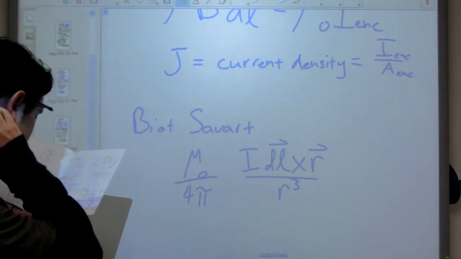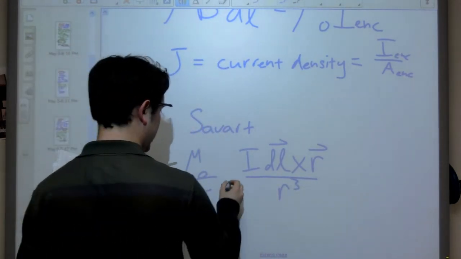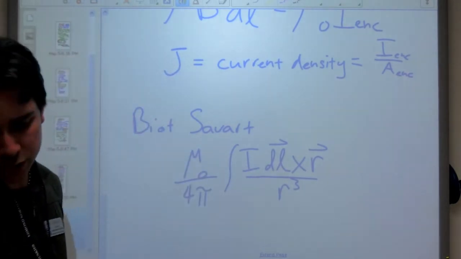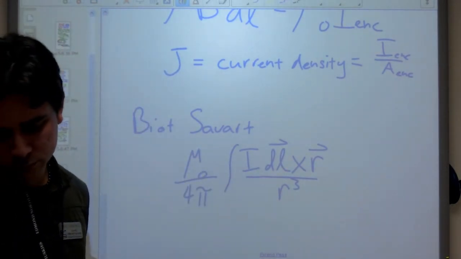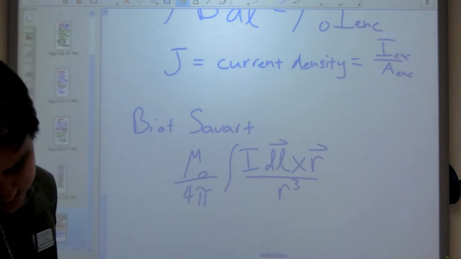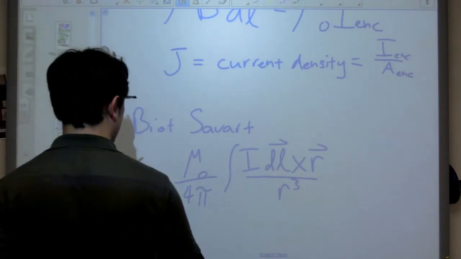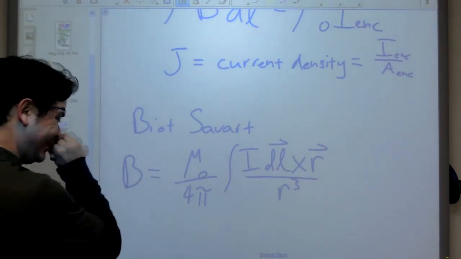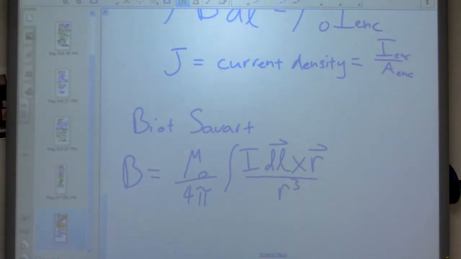Now I'll talk a little bit about that r cubed. I think I'm missing the integral in here. Let me double check. Because we've got a dl, so we should have that. Nope, it doesn't have it listed. Oh, that's dB. Okay, so our magnetic field is equal to this.